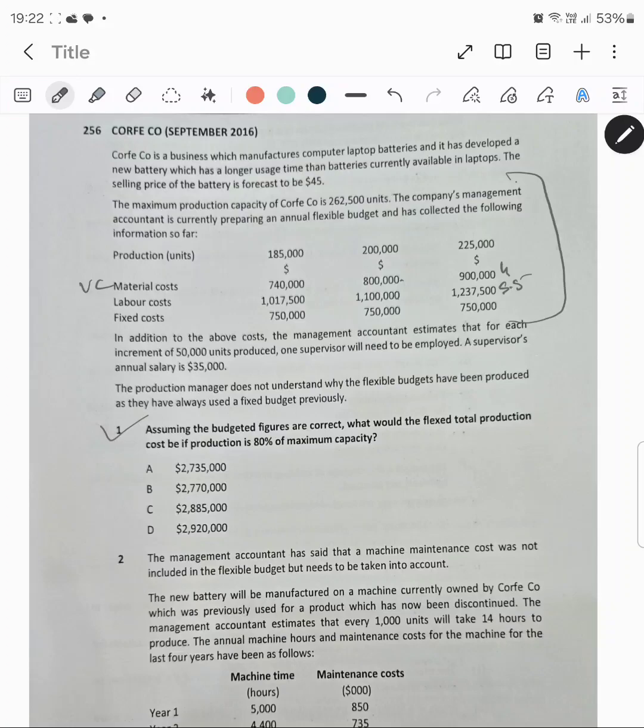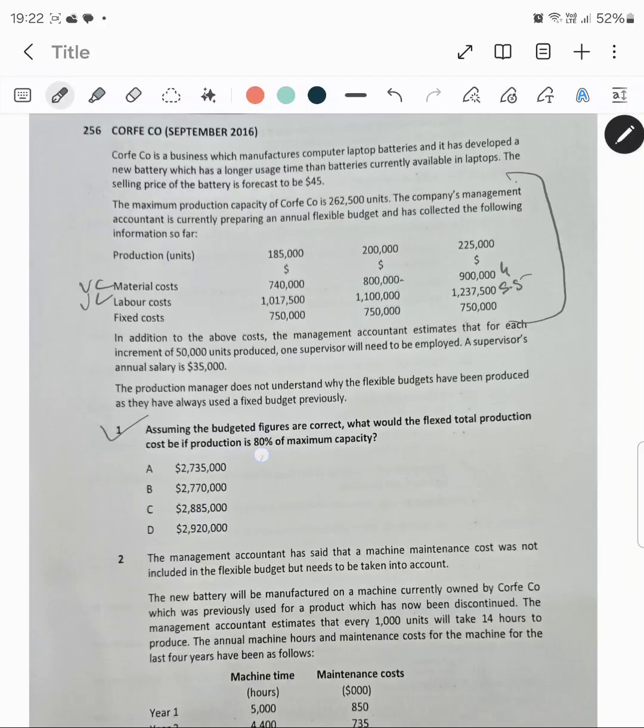Let's check for 2 lakh 25,000 units. 7,500 divided by 2 lakh 25,000, and this is also 5.5. So this is also variable cost. So there is no semi variable cost, so the solution would be quite simple.